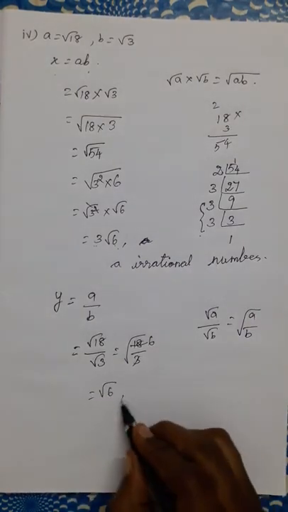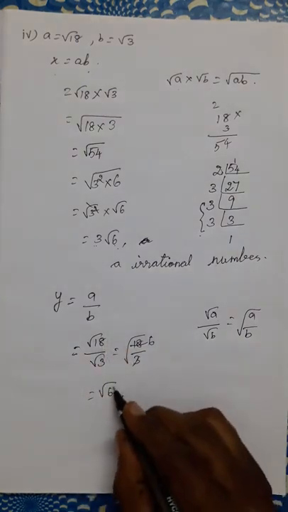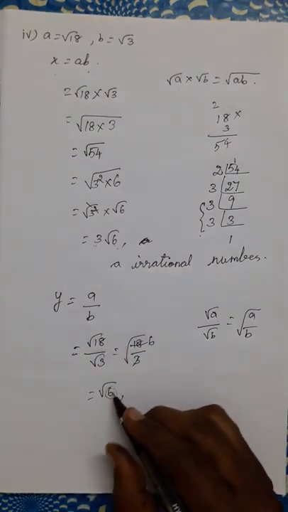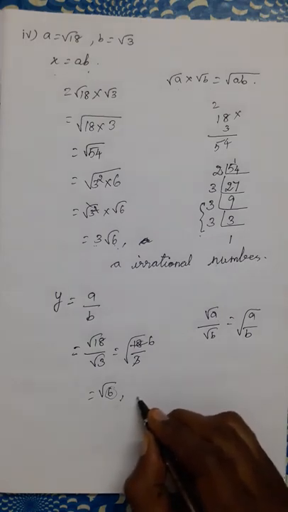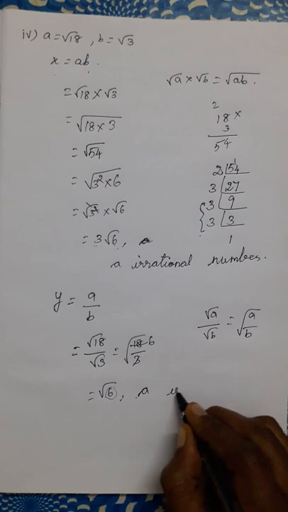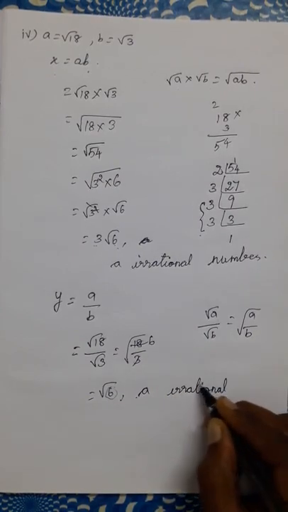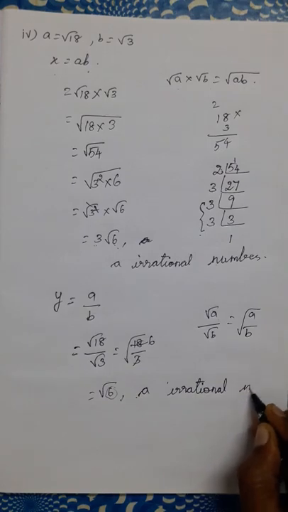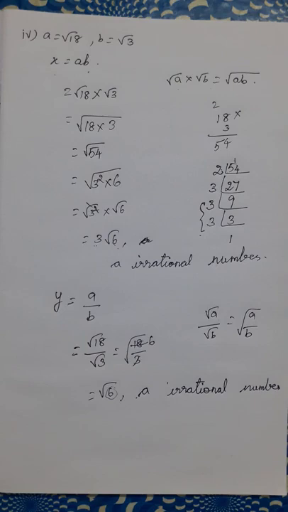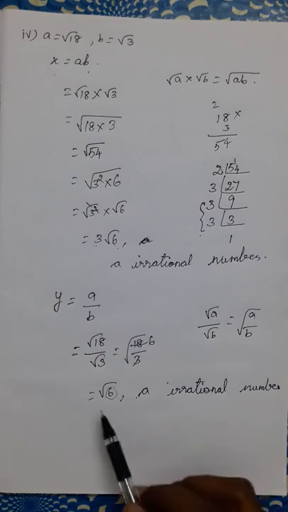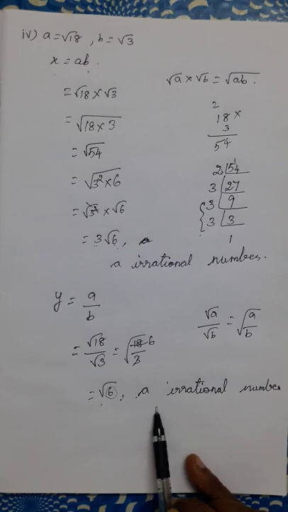Root 6 is an irrational number. The number inside the root is not a perfect square. Therefore it is an irrational number. Have you understood what is a rational and what is an irrational number? Okay.